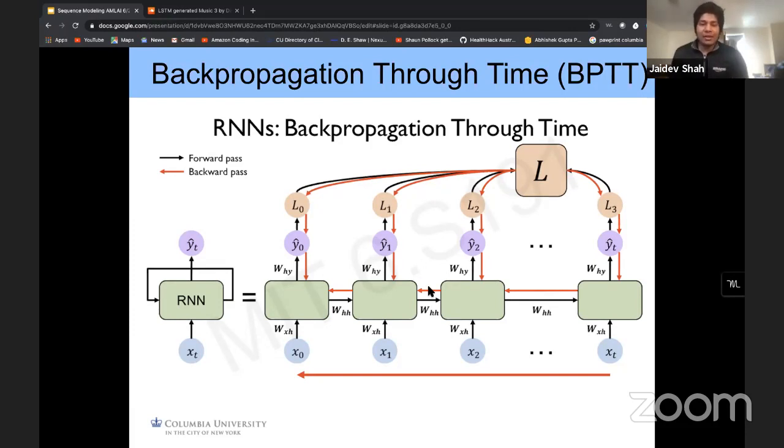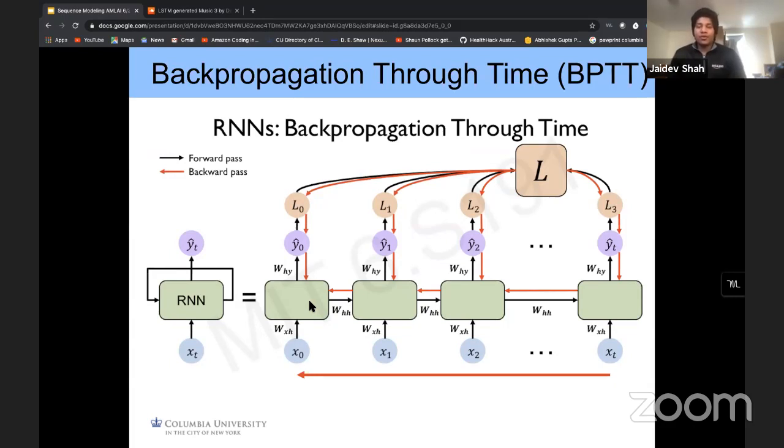And what that essentially means, learned over time, is that given many of these sequences, you'll always be computing this loss, aggregating this loss to L, and taking the differential of L with each of these weight matrices and sending it back across time. And the way this is learned is using the chain rule.